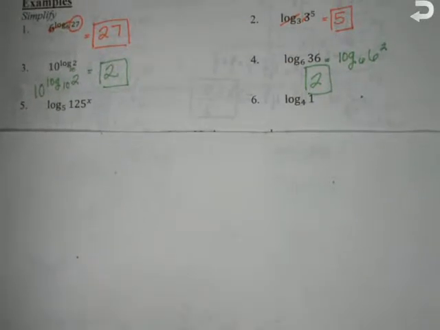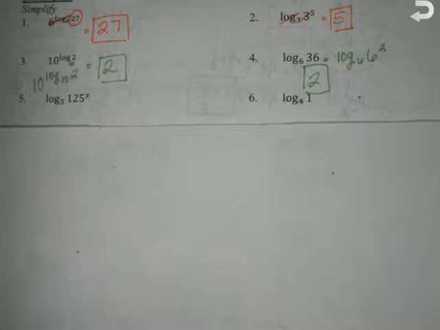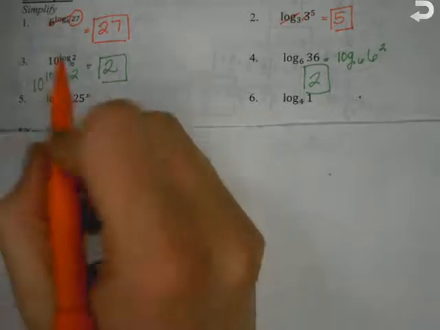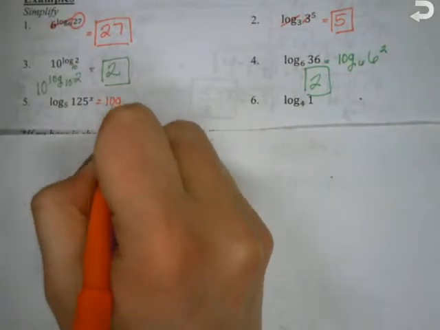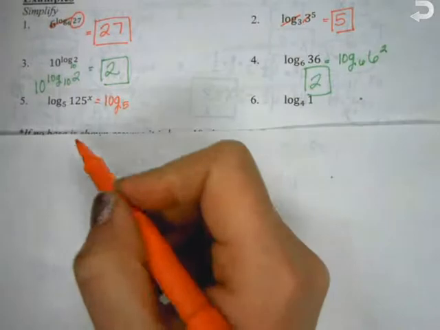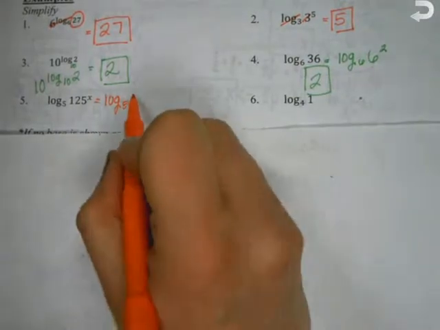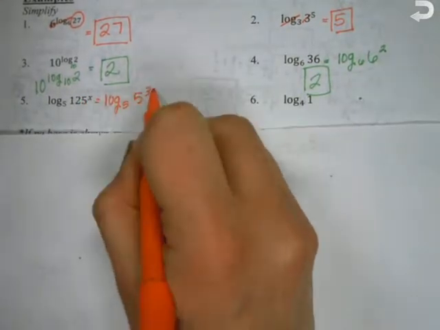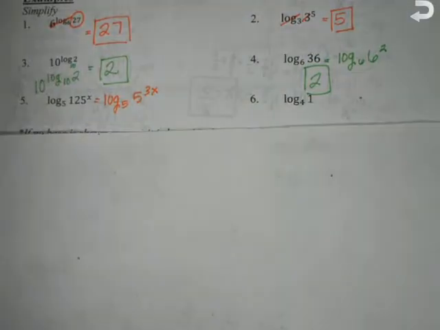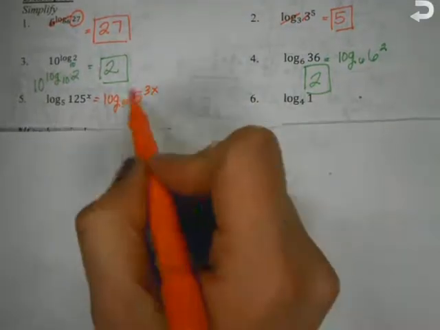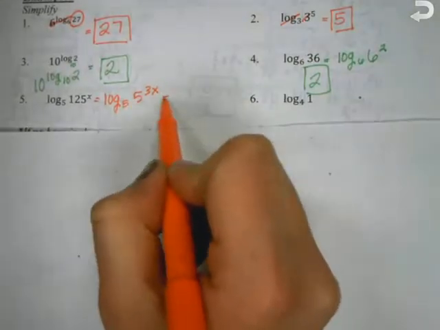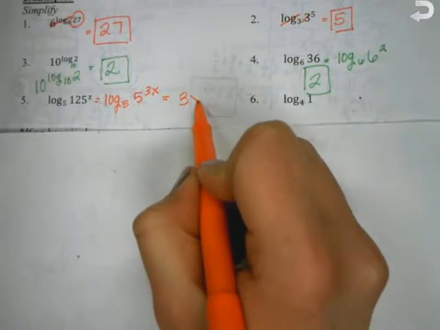Okay, so what about number 5? This is the same as log base 5 of 5 to the third, since 125 is 5 to the third, and we have to multiply it by that x. So that log base 5 and the 5 right here cancel each other out. So what's my answer? 3x. I keep the entire exponent.